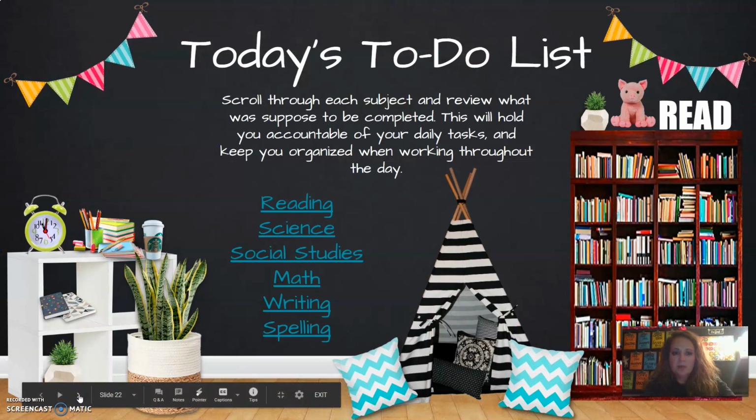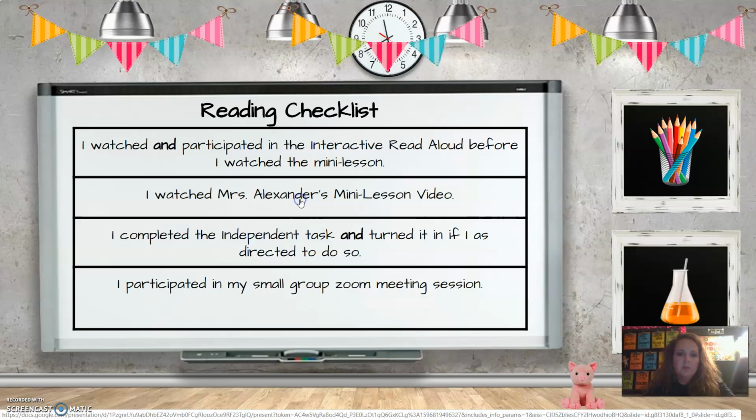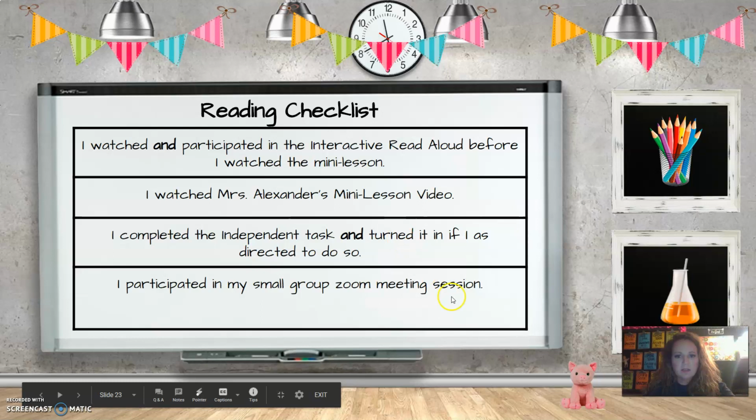And the next slide, they can go through this if they want. I thought it was helpful. If they don't, that's okay. But it's just today's to-do list. It's just to check off things to make sure that they have done everything for reading, science, history, math, and spelling. My professor did this for me, and I found it to be very helpful. It just tells them what they should have completed, and they can kind of just say to themselves, check, check, check, check, or they can even print the slide out if they want to.